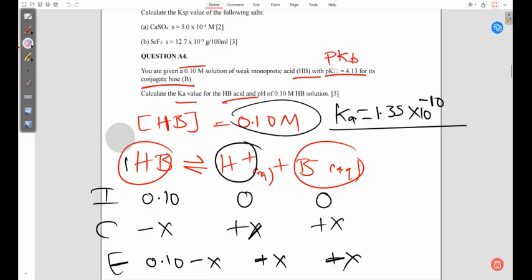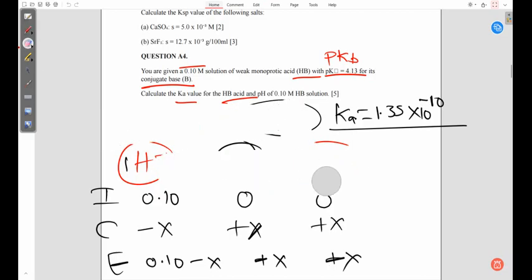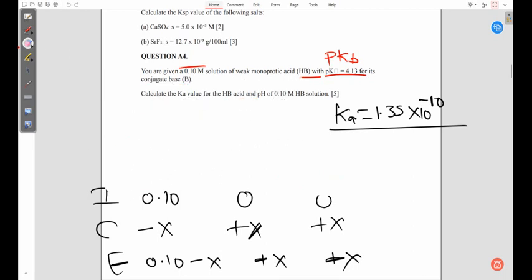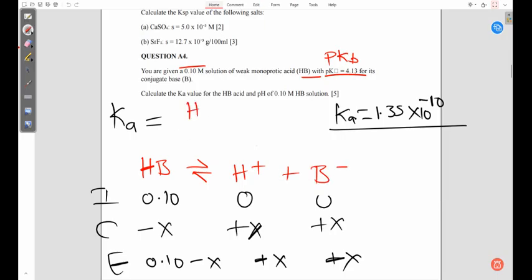So at that point we've got the K expression. Since it's the K for an acid, we'll call it the Ka. Don't forget what we had for the equation: this is the acid, and these are the products. Our products, H plus raised to the power 1 and B minus raised to the power 1, divided by our reactant.